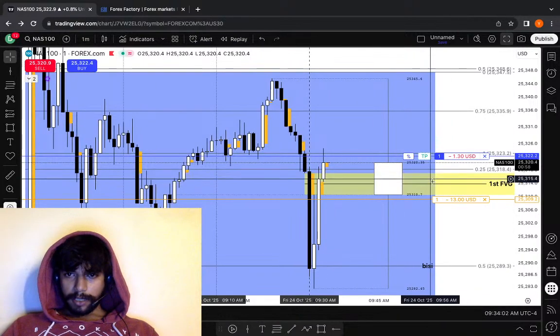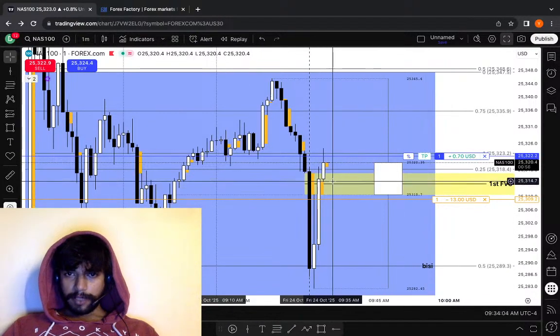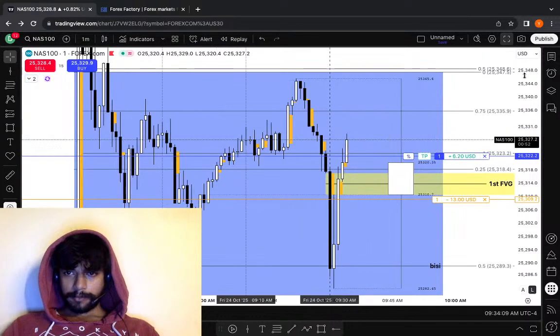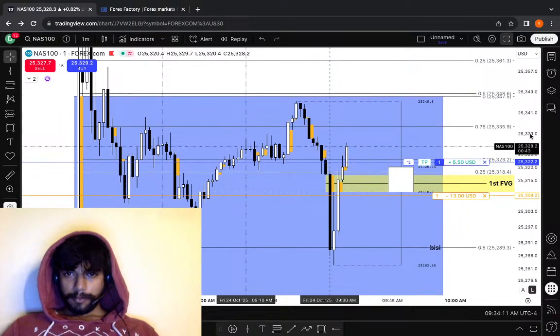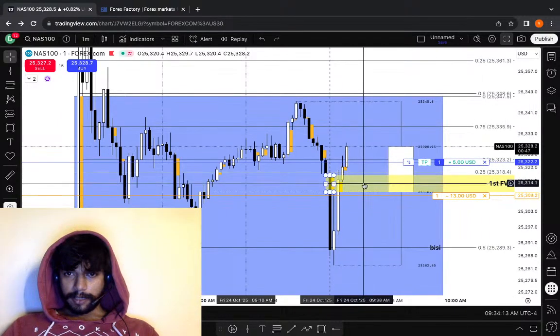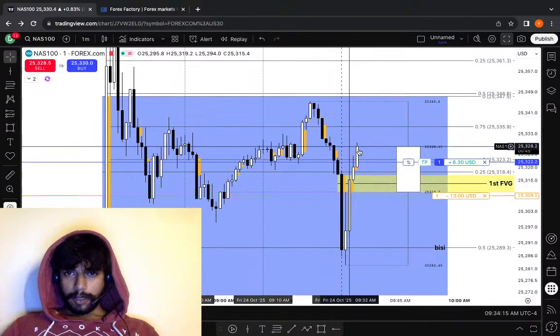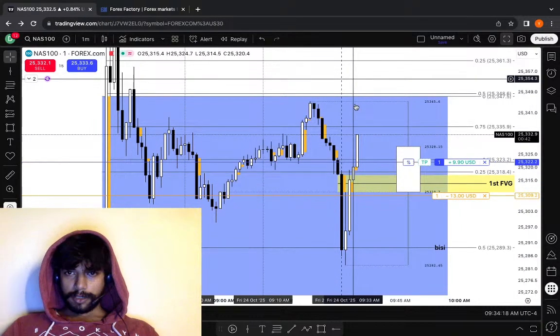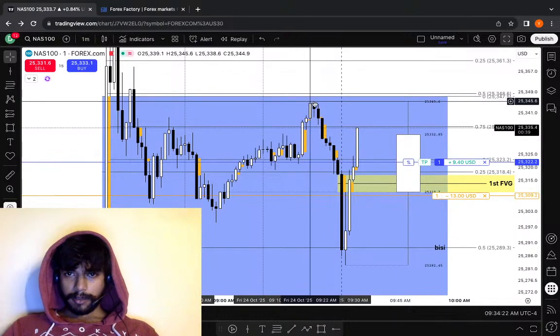Now I want this gap, the midpoint of this gap, to support the prices higher. Look at that. Because this gap is acting as the inversion now. Now I don't want price to come back down to touch it. It should just break this high right here.